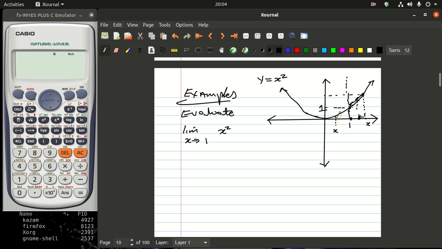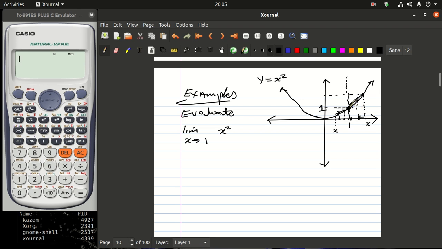If I keep picking points on the left, the output will be there. I pick another point here, the function is moving all this way, and then another point so close, the function will be moving that way. So as I keep getting closer and closer to 1 on the right and on the left, what is that value that I keep getting closer and closer to?